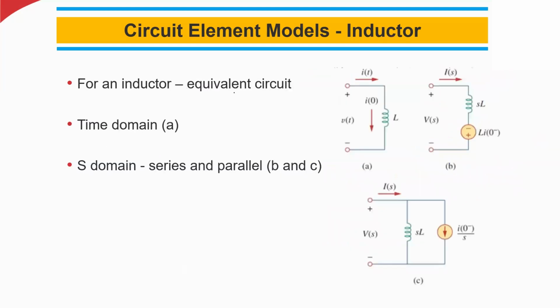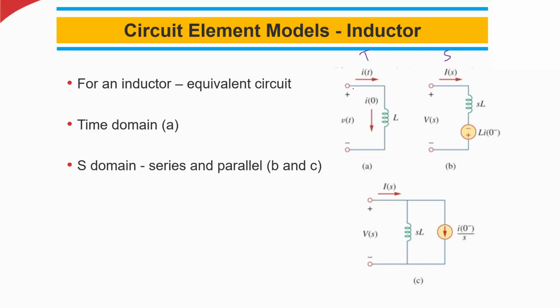Now, this is the equivalent circuit for an inductor. Here you can see this is the inductor L in the time domain, and this is called the frequency domain or S domain. I am applying the voltage V of t.